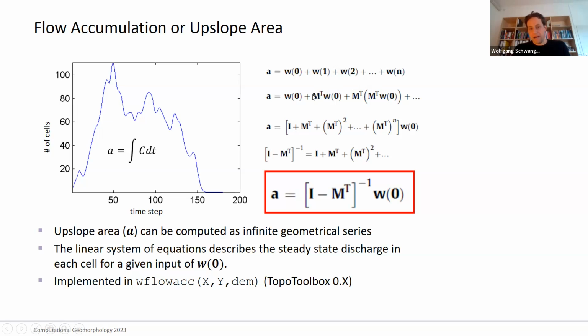Well, it takes a little bit of math, including, again, the transfer matrix. Okay, and what it boils down to in the end is an infinite geometric series, which can be solved using linear algebra. So in fact, we can express that infinite geometric progression as the inverse of the identity matrix minus this transfer matrix, and so forth.